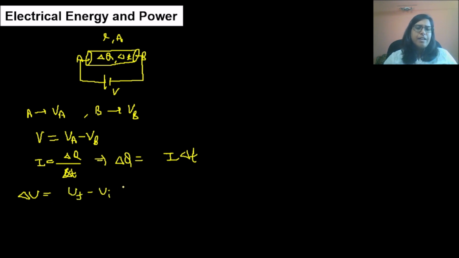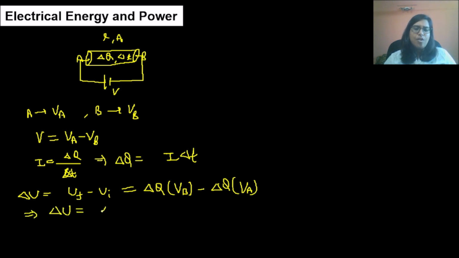The relation between potential energy and voltage was U equals Q into V. So this will be delta Q into VB minus delta Q into VA. This becomes delta U equals delta Q into (VB minus VA), and this is minus of V. So this will be minus delta Q into V.